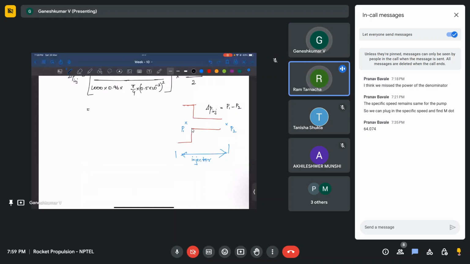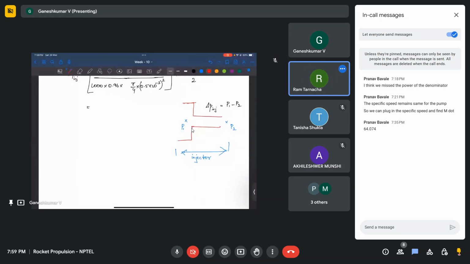We directly find the pressure drop from the formula. I hope it's clear for Tanisha.